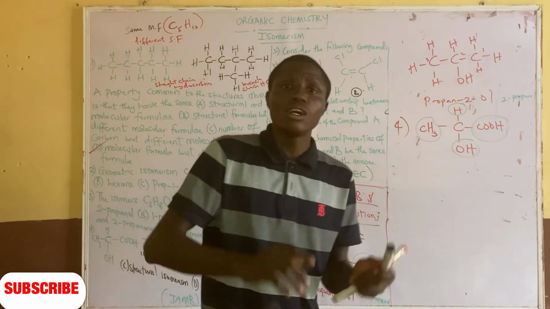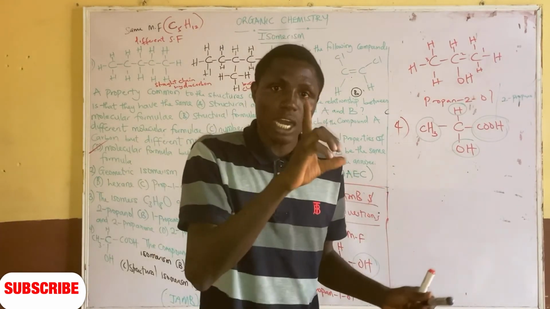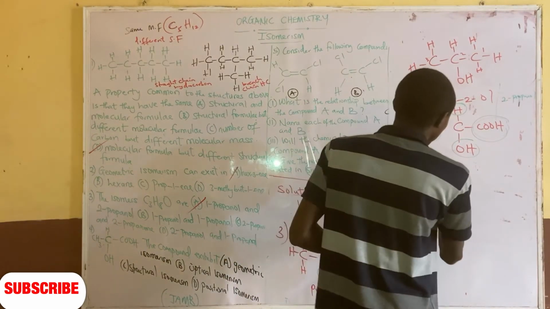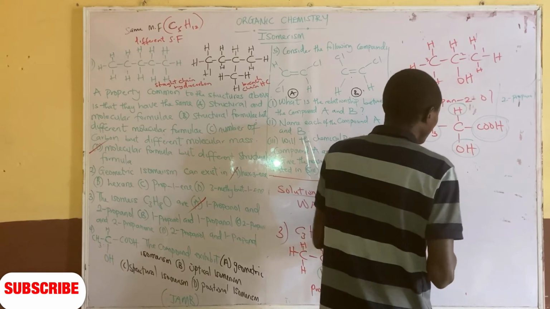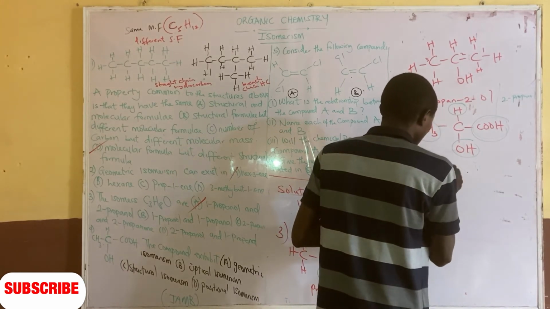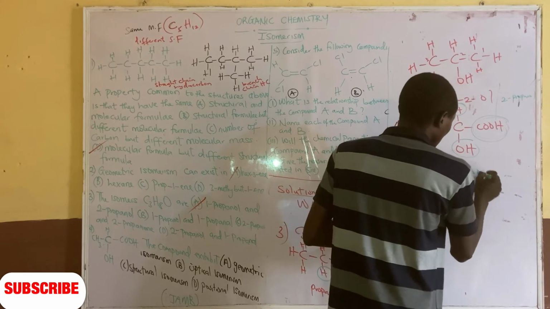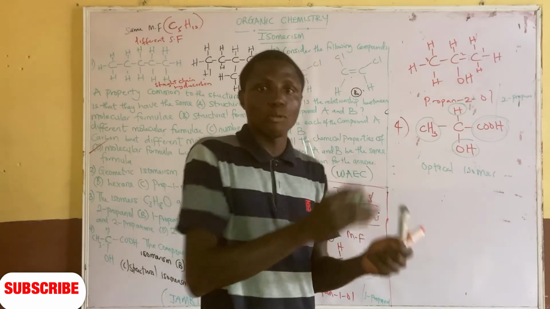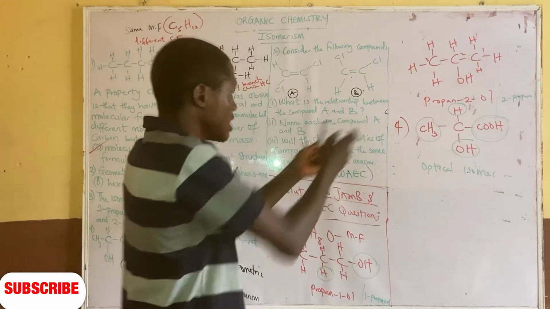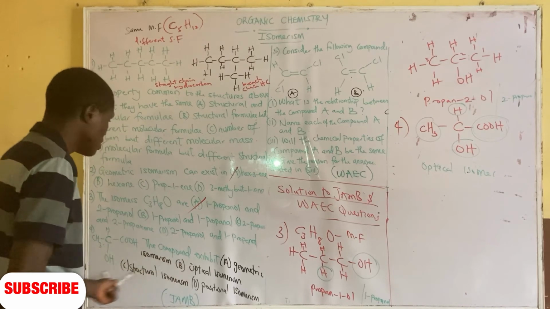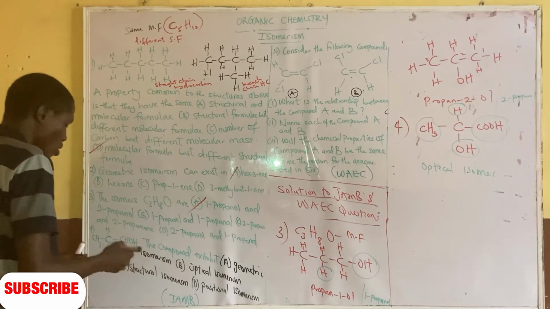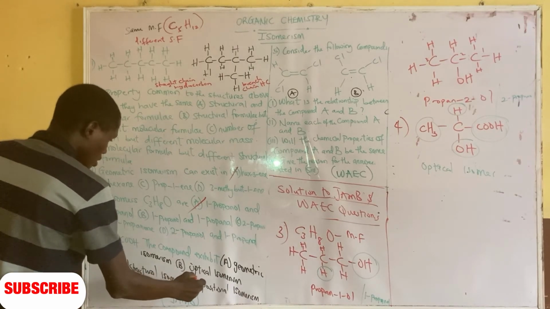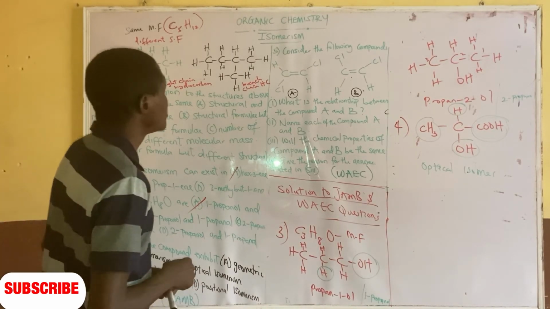When we are talking about four different atoms attaching to one carbon, we call that optical isomerism, and these are optical isomers. It possesses a mirror image and cannot be superimposed on one another. So the compound exhibits optical isomerism. Option B.